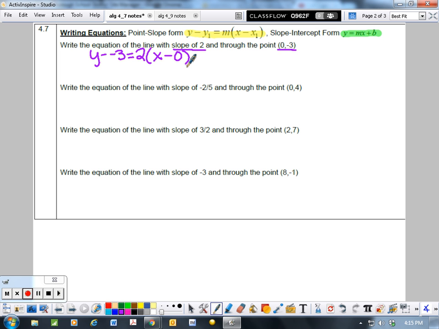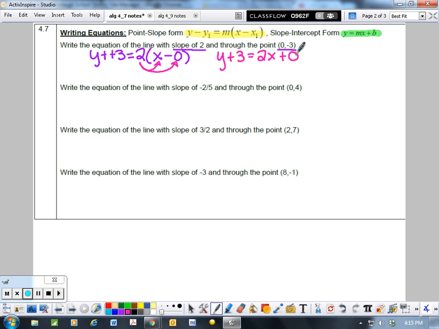Now to turn this into slope-intercept form, we're first going to change the sign with our double negative. And then we're going to get rid of the parentheses, so I'm going to multiply in this 2. So now it looks like y plus 3 equals 2 times x, and then 2 times 0 becomes 0.